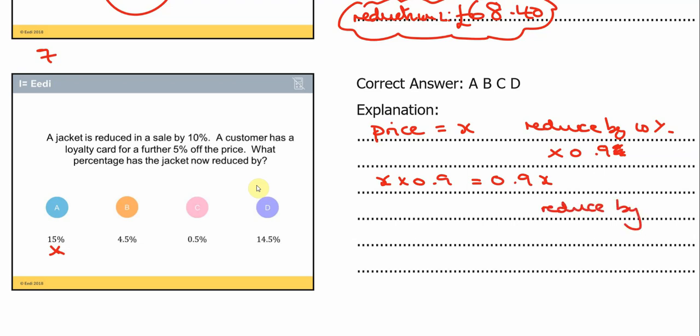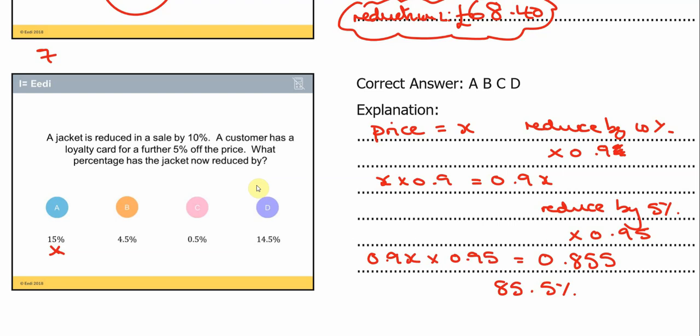And then I want to reduce by 5%. I'm going to times that by 0.95, because 95% is left if we take away 5%. So I'm going to take this value here, 0.9x, and times that by 0.95. So on my calculator, I'm going to do 0.9 times 0.95, and that is going to be 0.855. So that is 85.5%.